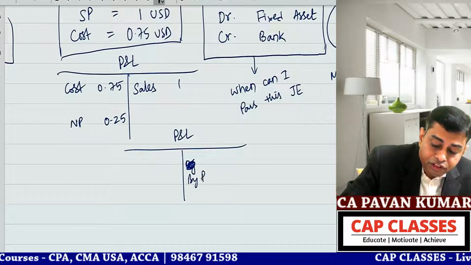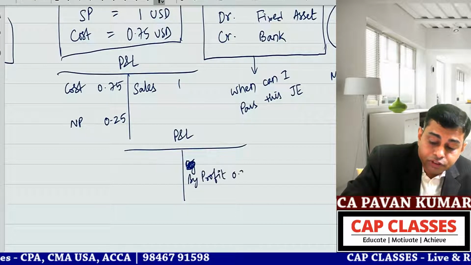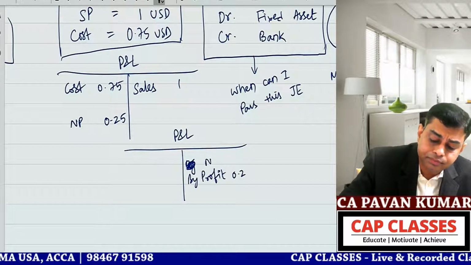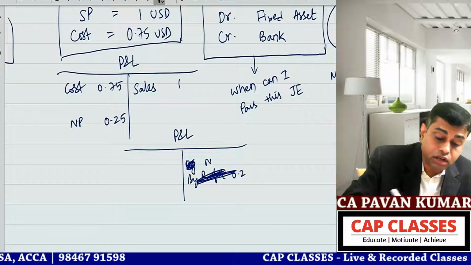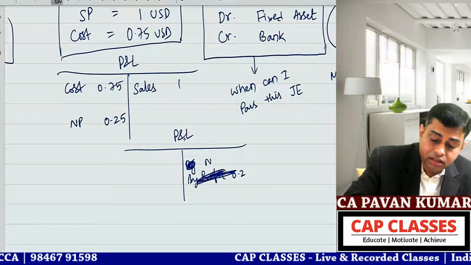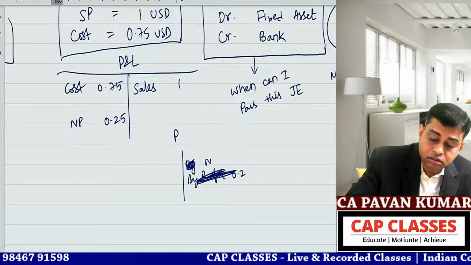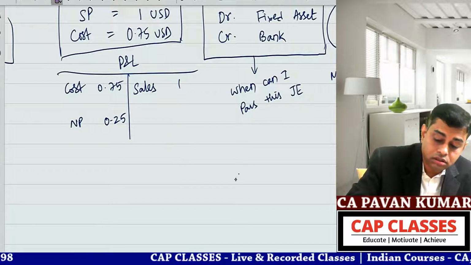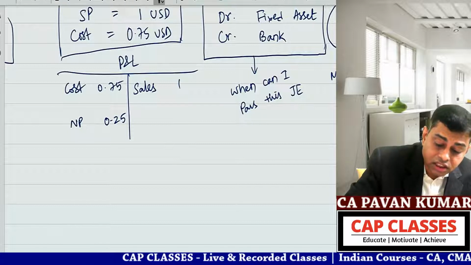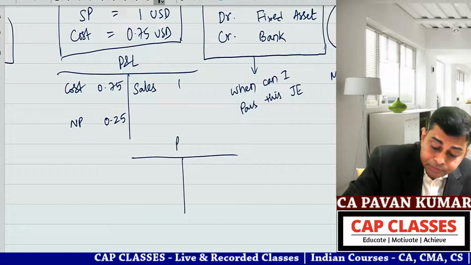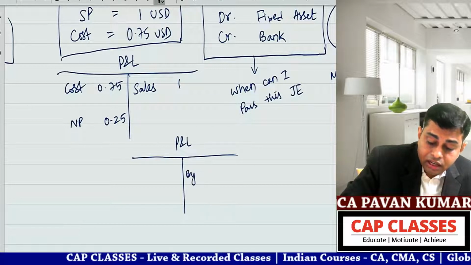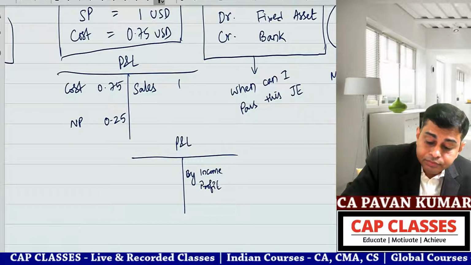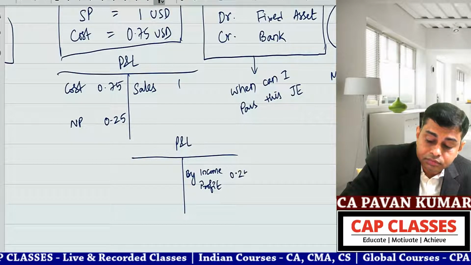By profit 0.25, or you'll write income, net income. No, profit is this side. No, I'm sorry. So shall I write, instead of writing all these things, shall I open my P&L account and write by income or net profit 0.25?